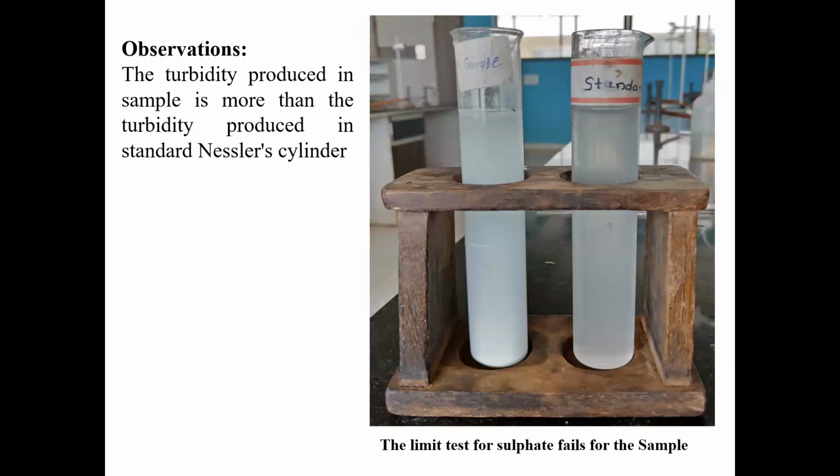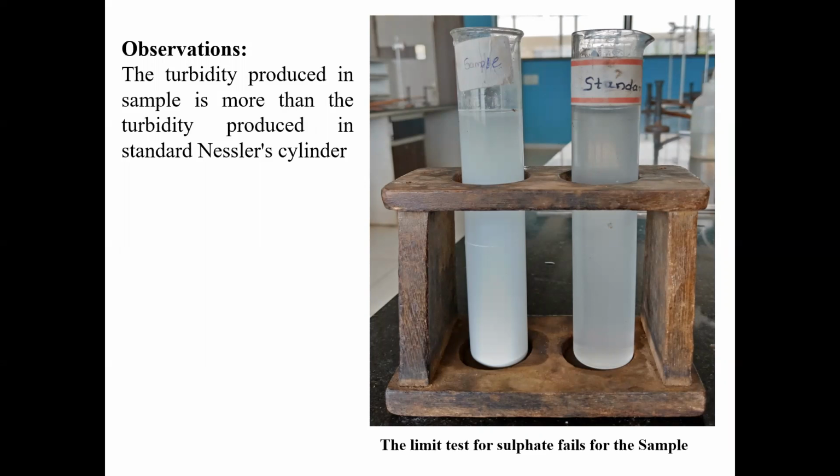And in another sample, if you take sample 2, we have to follow the same procedure that I told for the limit test for sulfate. After following all those steps, the observations are that the turbidity produced in the sample is more than the turbidity produced in the standard Nessler cylinder. You can check here. It is exactly opposite of the sample you took previously, right?